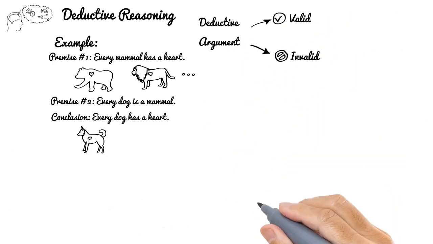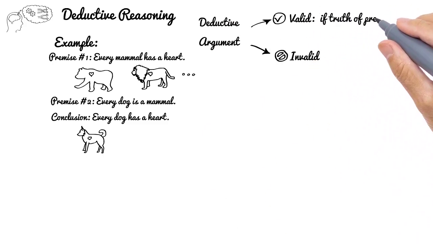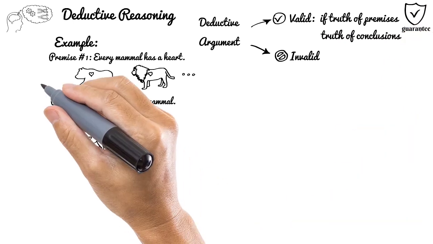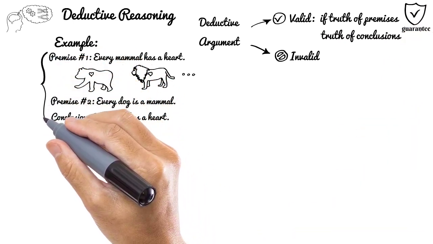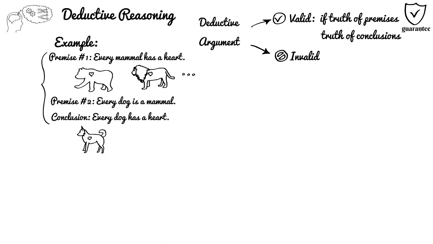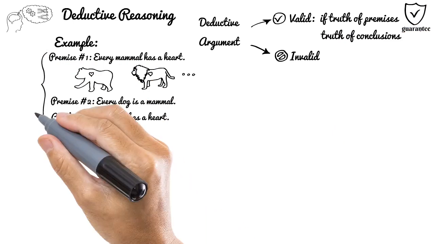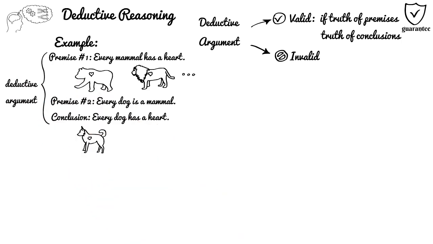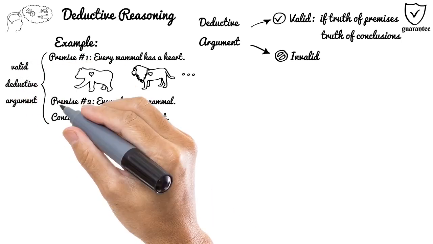A deductive argument is valid if the truth of its premises guarantees the truth of its conclusion. So, the recent example about dogs' hearts, which contains two premises and a conclusion, together with a certain not explicitly mentioned rule of logic, is an example of a deductive argument. And this argument is actually a valid one.